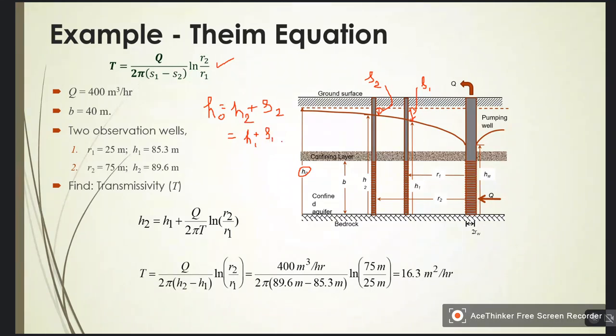So if you want to write H1 minus S1 minus S2 here, S1 minus S2 is equal to, so this minus this. These two are equal. So you bring this S2 here, take this there. So it is H2 minus H1.